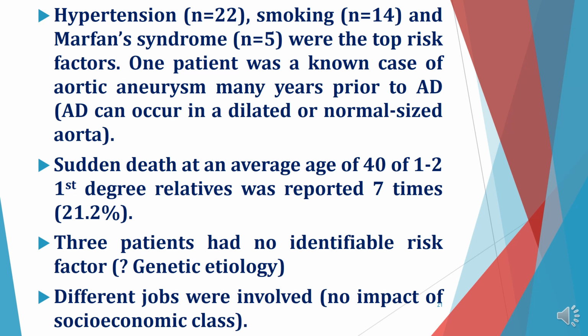Sudden death at an average age of 40 of 1 to 2 first-degree relatives was reported 7 times. 3 patients had no identifiable risk factor, and therefore aortic dissection in these 3 patients could be due to a genetic etiology. Different jobs were involved in this study, indicating that probably there was no impact of the socio-economic class on the occurrence of the disease.